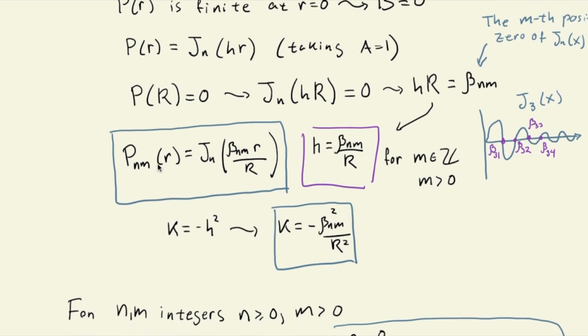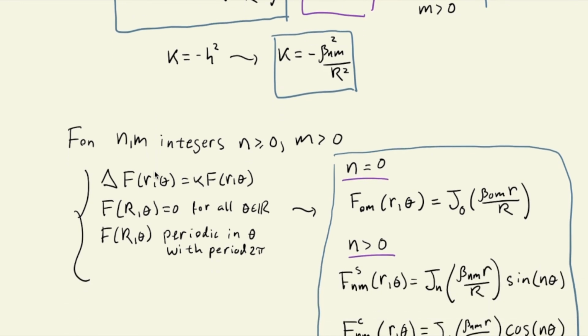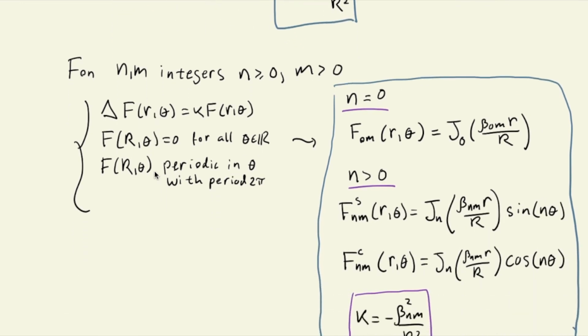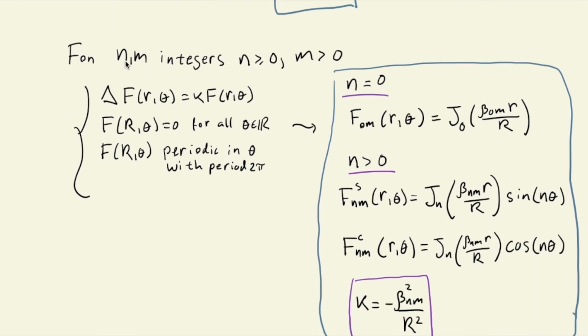So we found q and we found p, and so f is p times q. For choices of integers n greater or equal to 0 and m strictly greater than 0, the n is choosing the n for the q function, and the m is choosing basically the zero of the Bessel function. I separated the function f because the q's were separated.